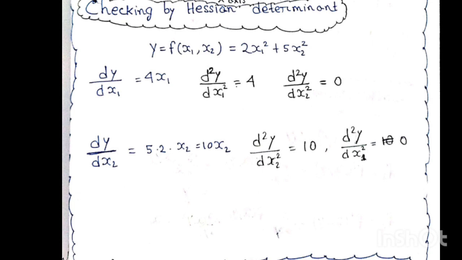Basically, the term obtained from the derivative of y with respect to x1 has been differentiated twice: at first with respect to x1 again, then with respect to x2. Similarly, in the second case, we differentiated y with respect to x2, then differentiated that result by x2 again and by x1.